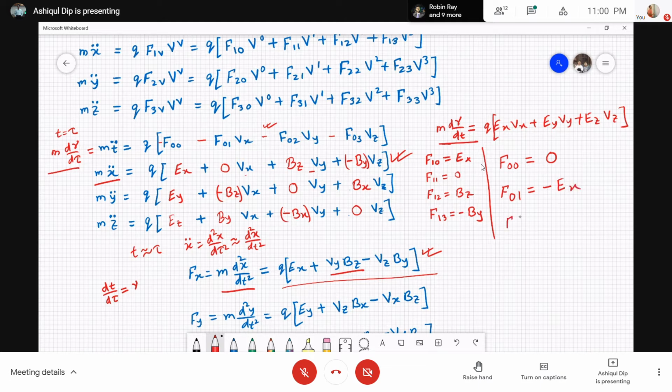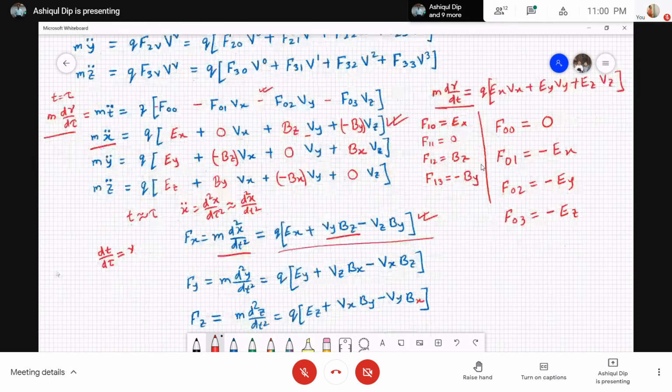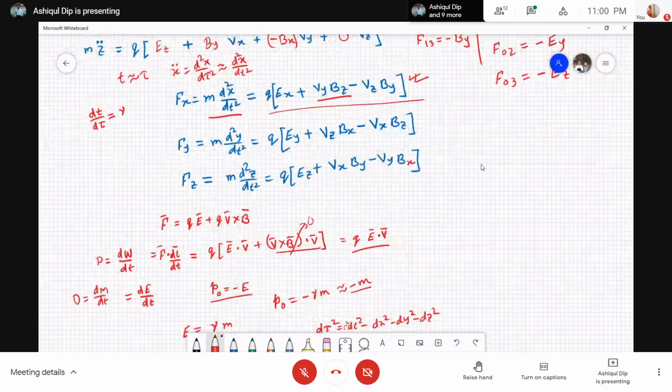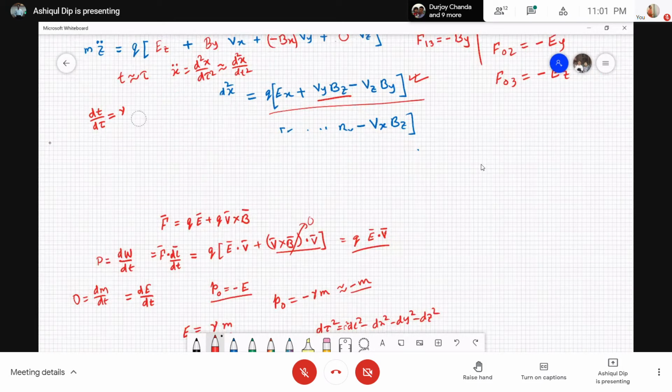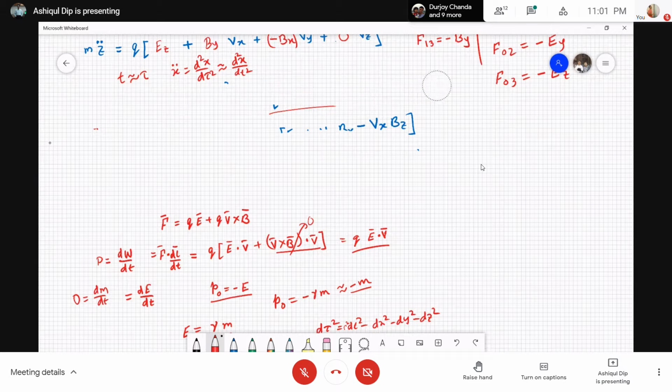Then f02 is minus Ey. Then f03 is minus Ez. So now I can construct a matrix out of the components of f. Let's erase and construct the matrix, because I know my f now. Just for completeness.